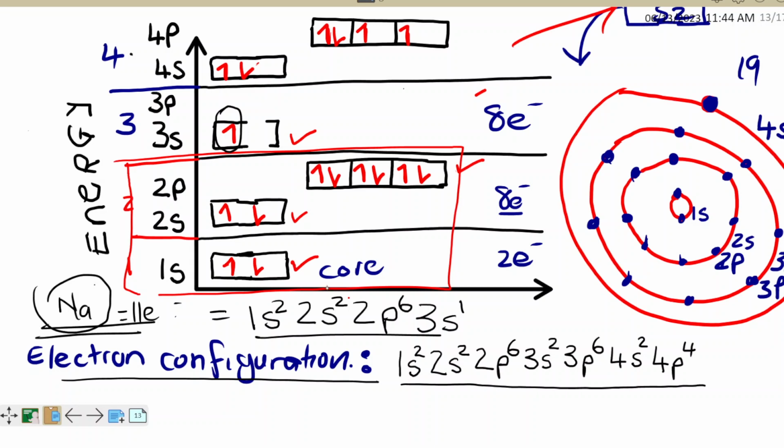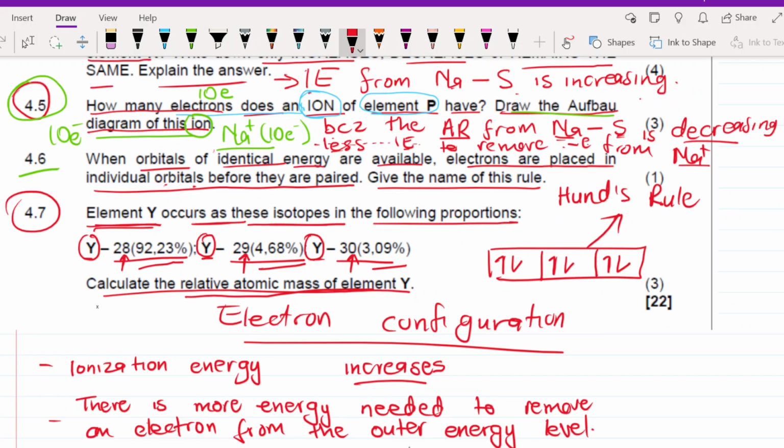In this one, you're going to have 11 electrons, so it's going to be 2, 4, 6, 8, 10, 11 in the Aufbau diagram. Then the electron configuration is going to be 1s2, 2s2, 2p6, 3s1. Yeah, that is the electron configuration. So this is the end of our question. Now I will see you when we are doing the ionization energy in the next video.